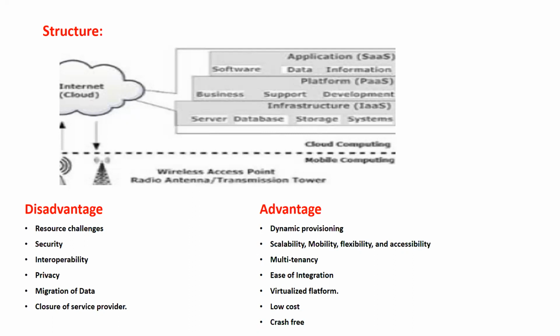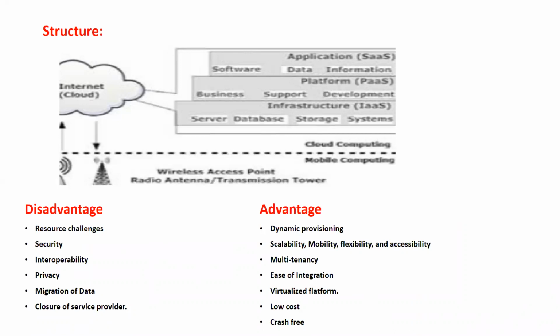There are some resource challenges, like your mobile's battery life, your bandwidth, and your internet. There are security challenges, interoperability. One of the main issues faced is the privacy issue. That is the question of how secure is your data in the cloud.